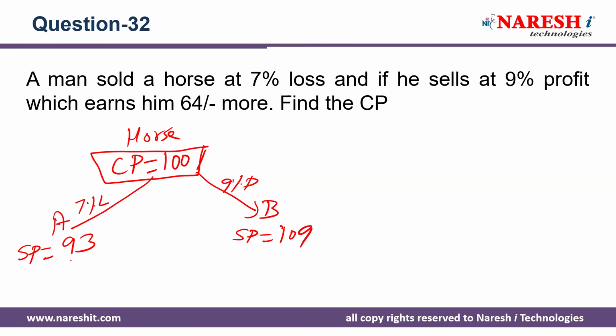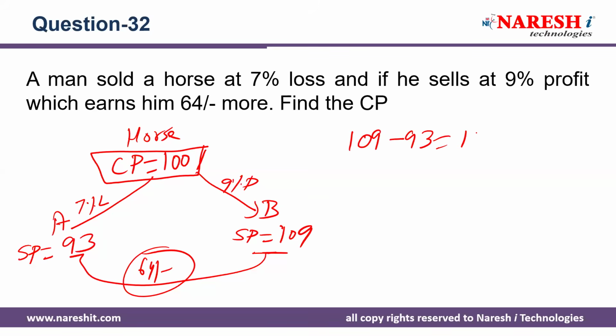They're telling that this value is more than that value by 64 rupees. So what is the difference between 109 and 93? 16. Because I assumed CP as 100, I'm getting 16 rupees as the difference between both prices. But according to the question, the difference should be 64 rupees.